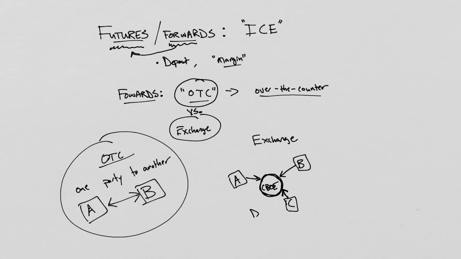And in order for this to work, with so many millions of different participants, all the contracts have to be very uniform, standardized, for it to work on an exchange. And that's one key characteristic of exchanges versus OTC contracts. Exchange contracts are very uniform, not customized at all, very standardized. But OTC contracts, they can really be about anything. You can have any degree of customization that you want, as long as you can find someone to take the other side of that trade.